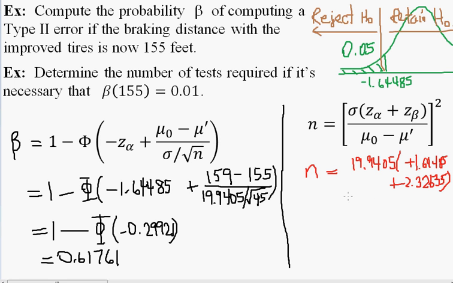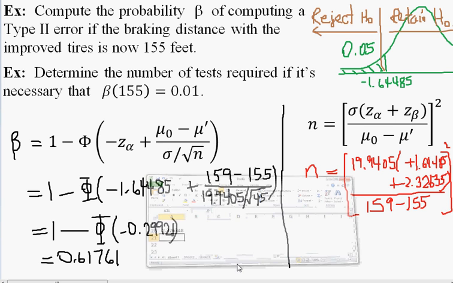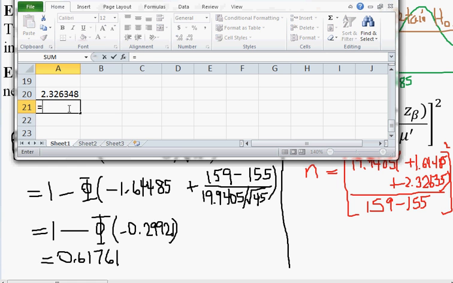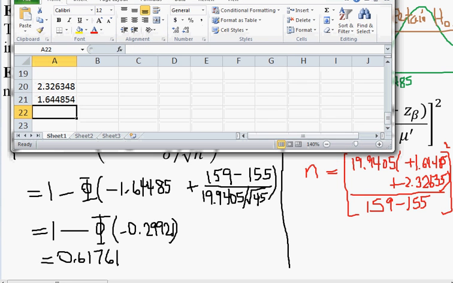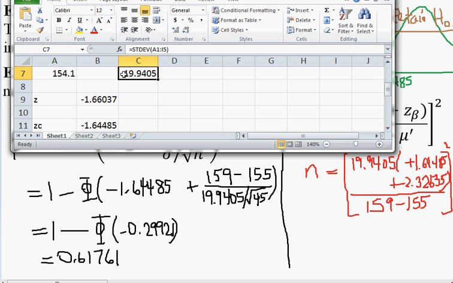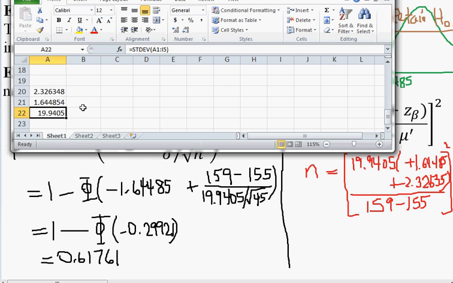Okay, divided by the difference of the two means, 159 minus 155, whole thing squared. And so doing the arithmetic, let me get the other number here for simplicity's sake. So there we go. And the standard deviation is here.